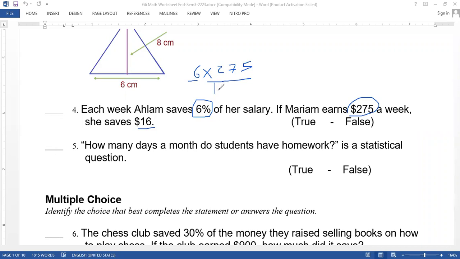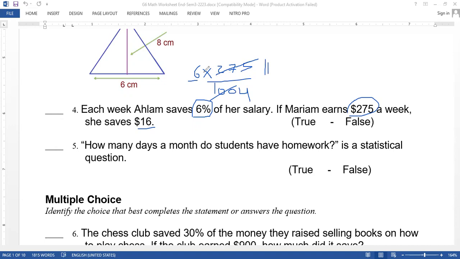Now, of course, we can simplify 275 and 100 by 25. What I mean by simplify, I divide this by 25 and I divide this by 25. 100 divided by 25 equals 4. 275 divided by 25 equals 11.